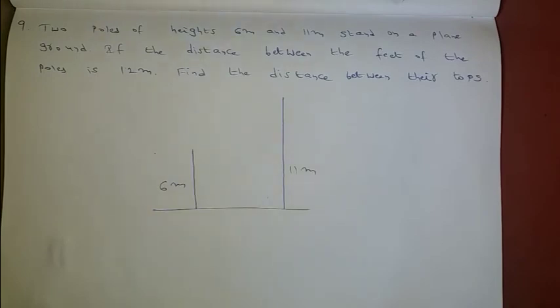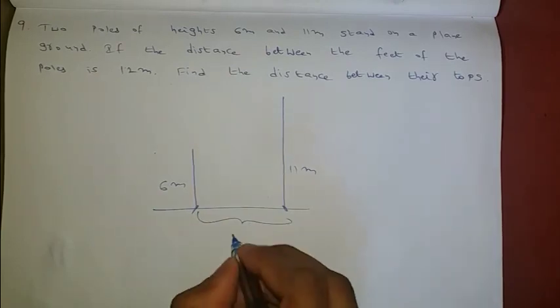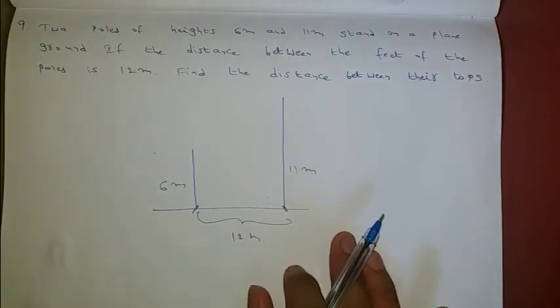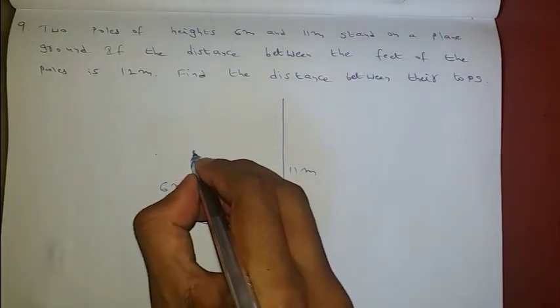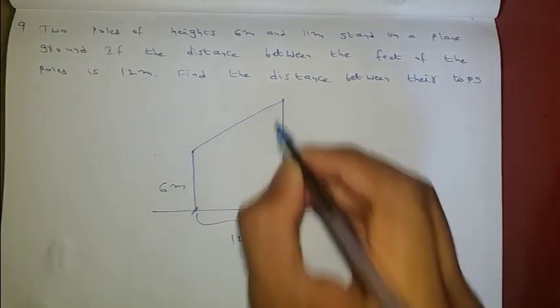If the distance between the feet of the poles, from one pole to another, is given as 12 meters, then find the distance between their tops. This is the top of one pole and this is the top of the second pole. This distance we need to find out.